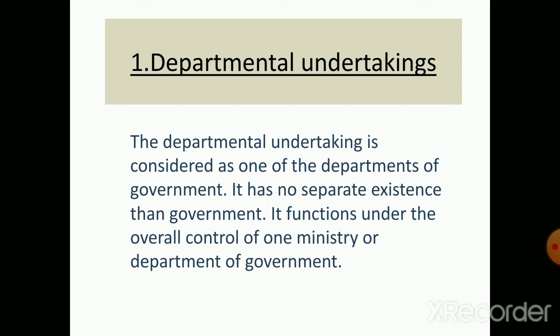Some examples of departmental undertakings are railways, defense, post and telegraph, broadcasting, telephone services, etc. So these are the departments which are controlled and managed by the Department of Government.